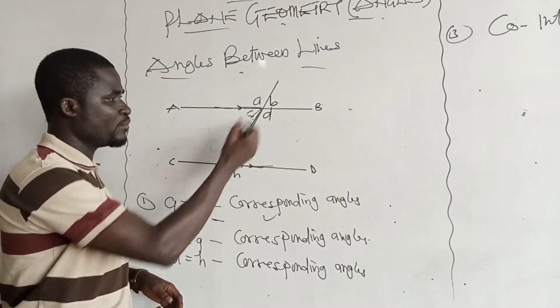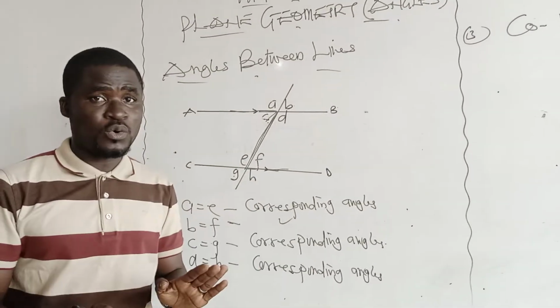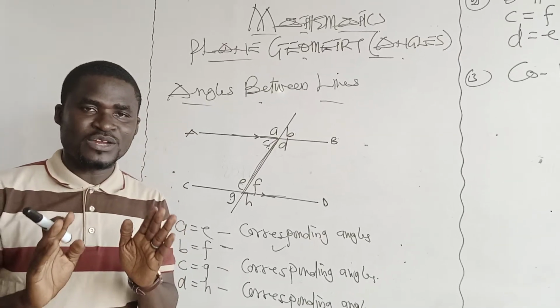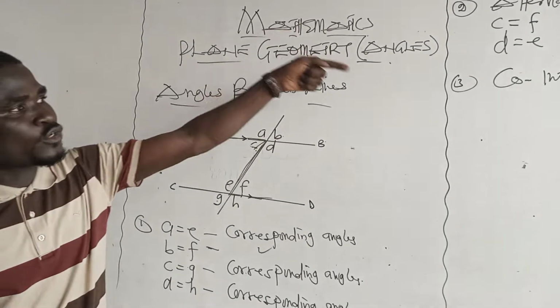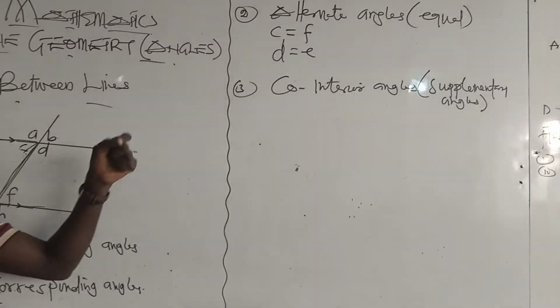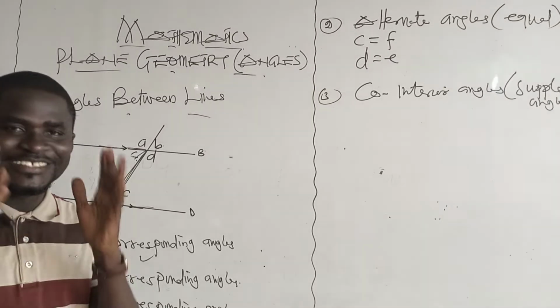Now when you add these two angles, it should give you 180. They are not equal. They add up to 180. So take note. That's why I said that it's also known as supplementary angles. Supplementary angles are two angles that add up to 180 degrees.